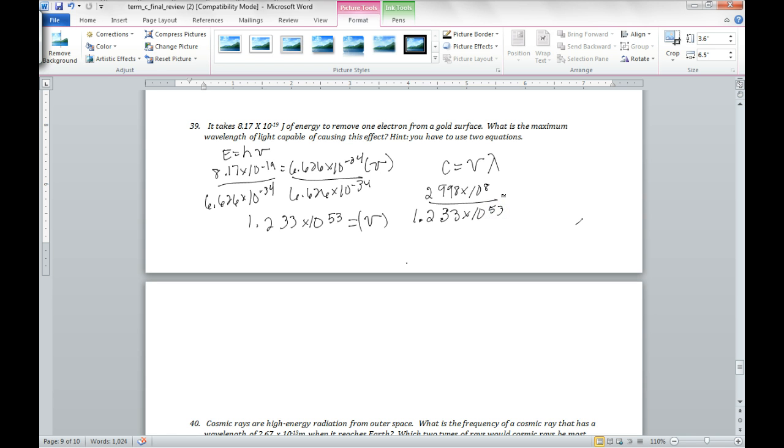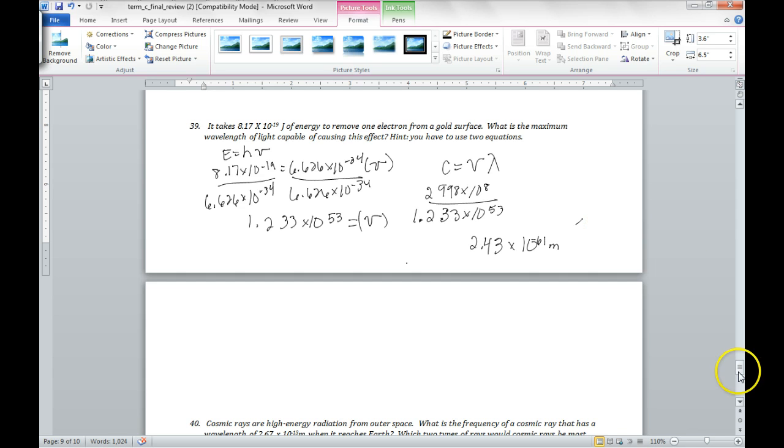So 2.998 divided by 1.233 equals 2.43, 8 minus 53, times 10 to the negative 61st. And that would be our wavelength, which would be measured in meters or nanometers. So those are the two equations that you would use, and that's all it is asking for.